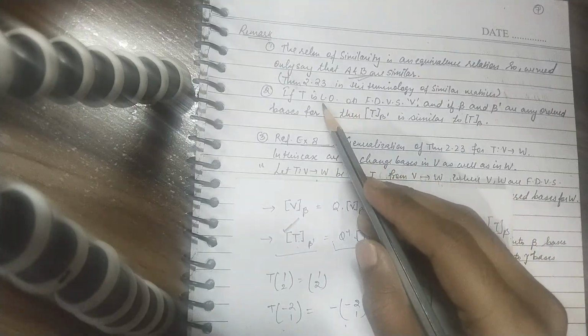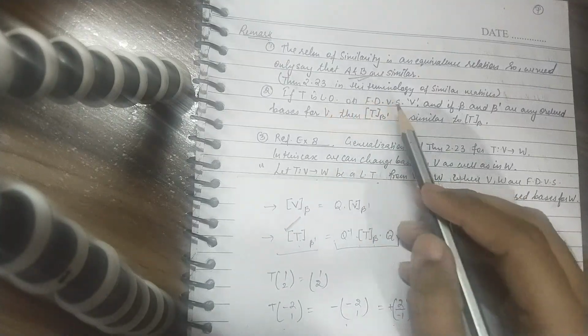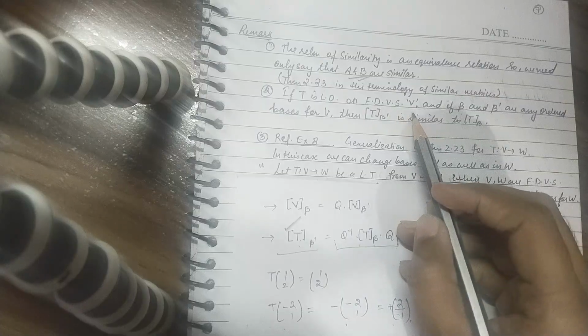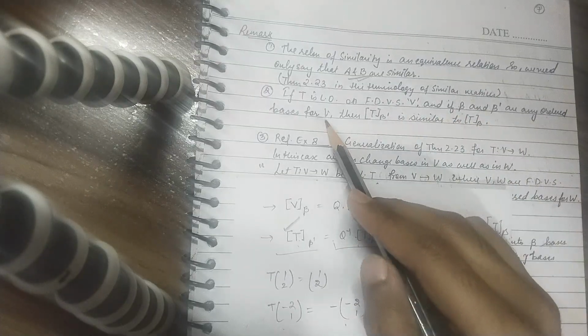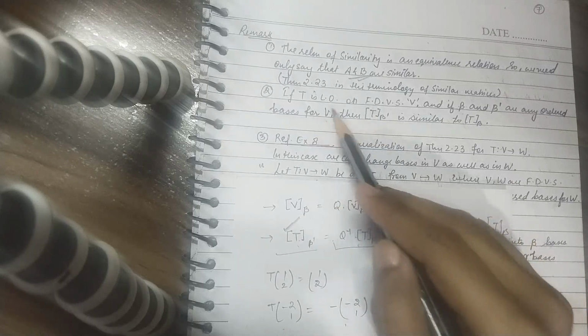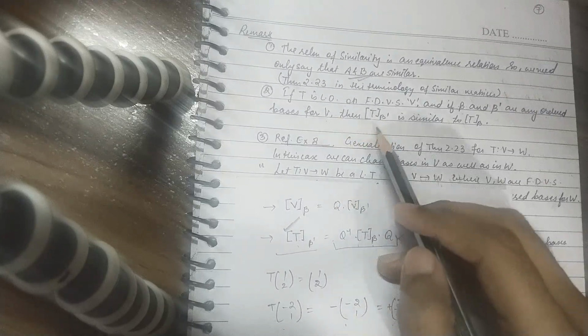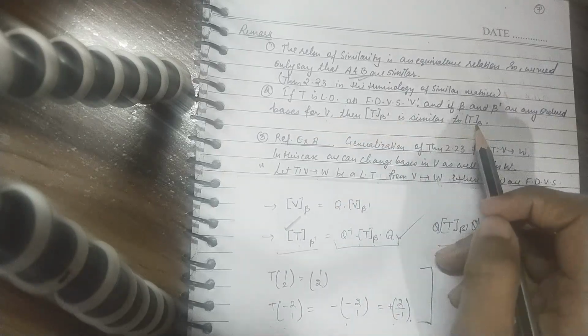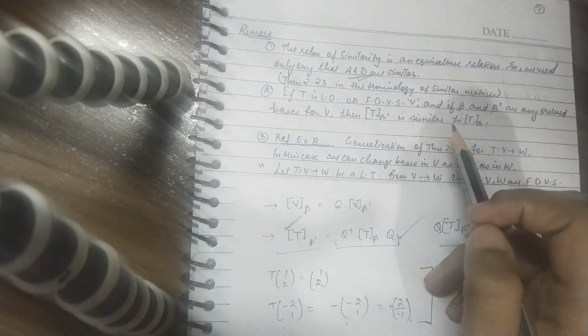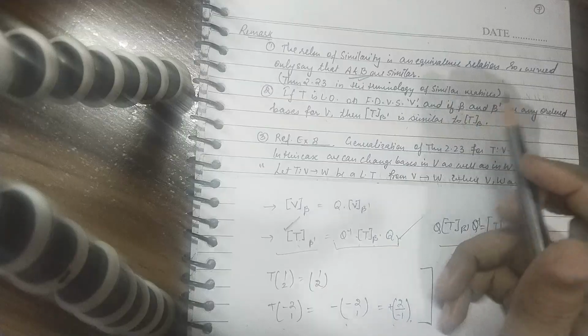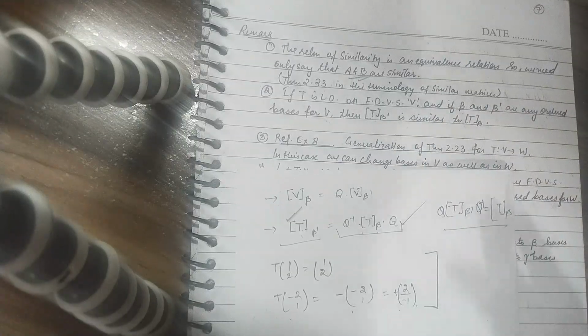Let T be a linear operator on a finite dimensional vector space V, and if beta and beta dash are any ordered bases for V, then the matrices T beta dash and T beta are similar, or T beta dash is similar to T beta, or T beta is similar to T beta dash, because it is an equivalence relation.